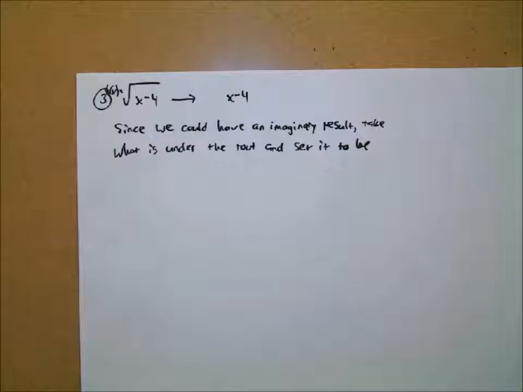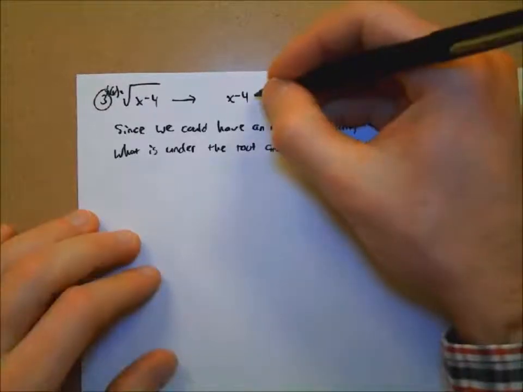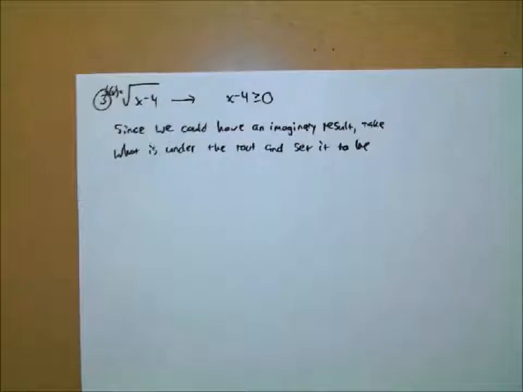Greater than or equal to what number? 0. Yes, we want something greater than or equal to 0. That means not negative: if something's not negative, it either has to be 0 or positive. So we'll set x minus 4 greater than or equal to 0.